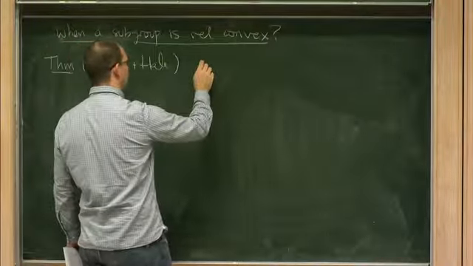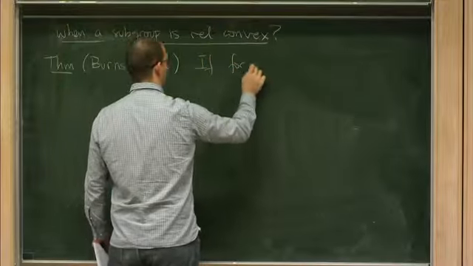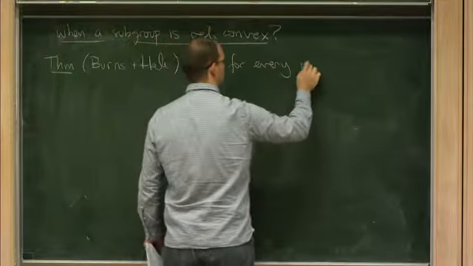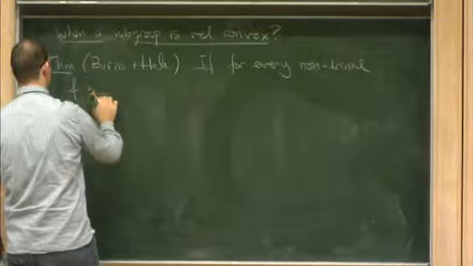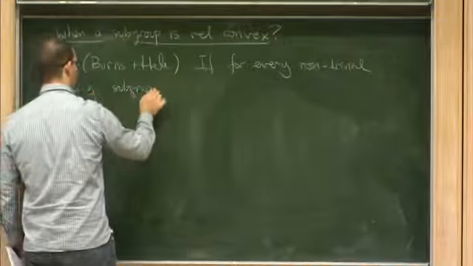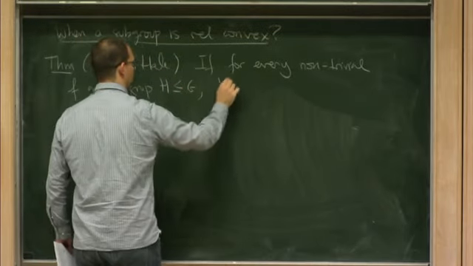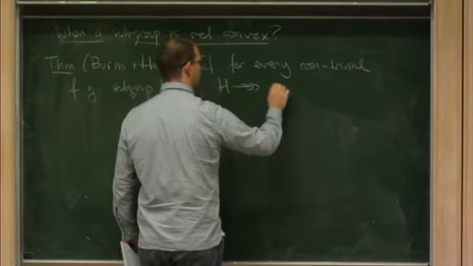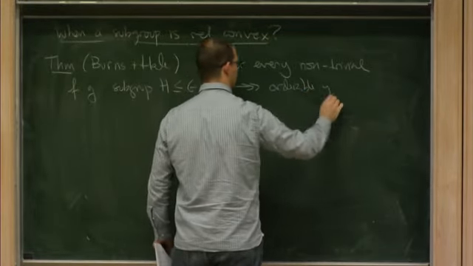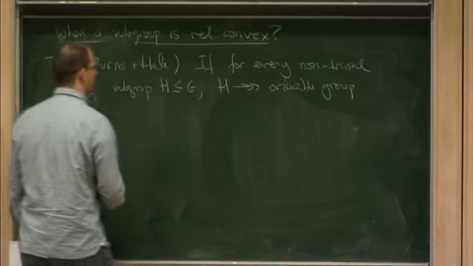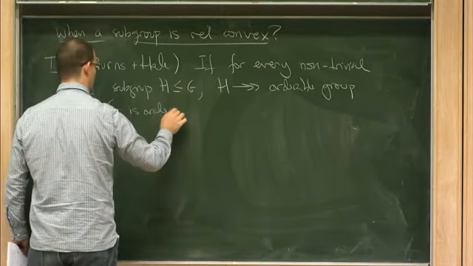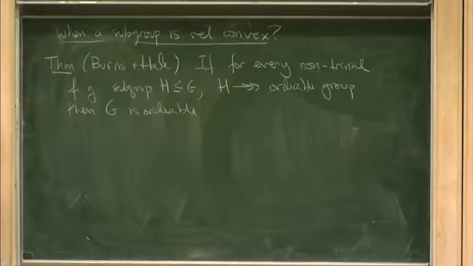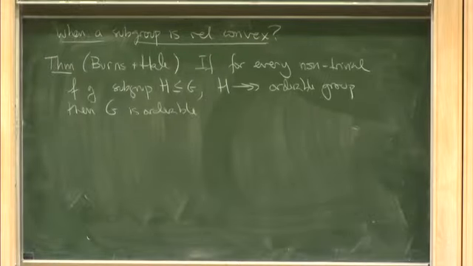It says that if for every non-trivial finitely generated subgroup H of G, H maps onto an orderable group, then G is orderable. So, to prove, orderability is really a local property.